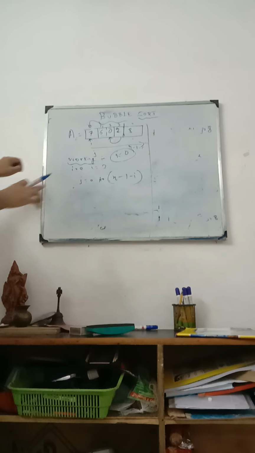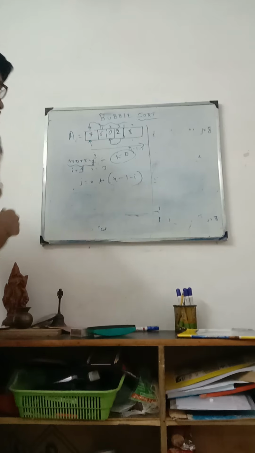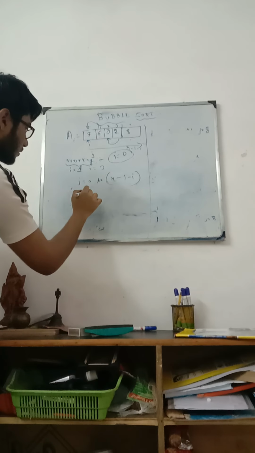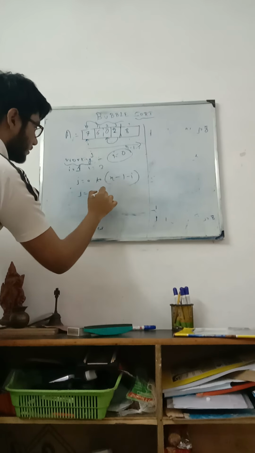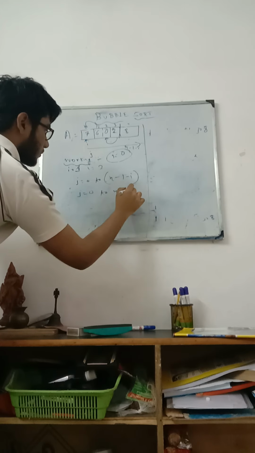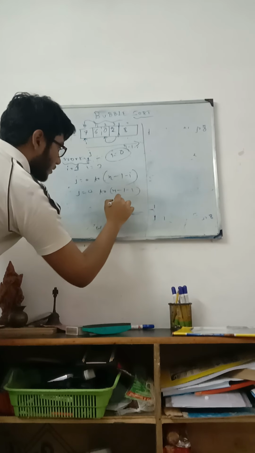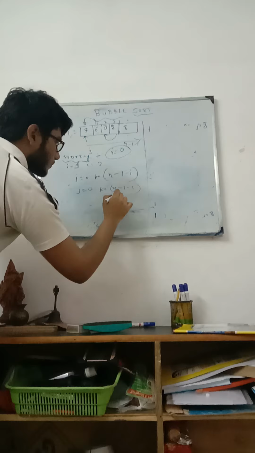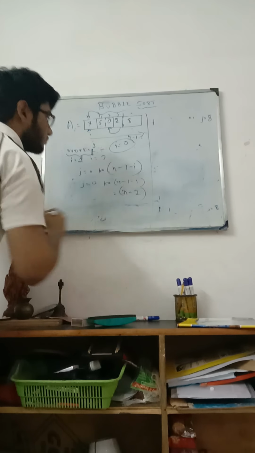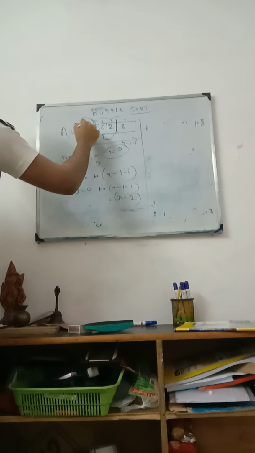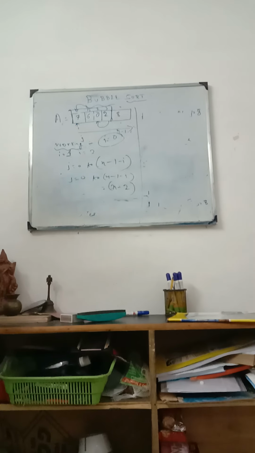So now i is 1, so j will iterate from 0 to n minus 1 minus 1, which is n minus 2. You iterate from here to this variable. This is the basic concept.